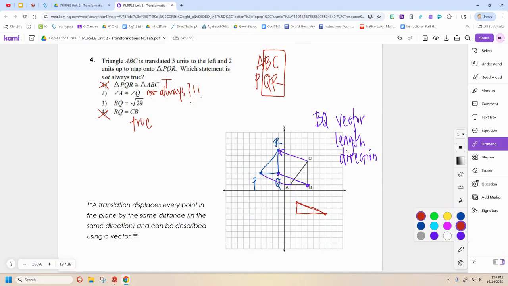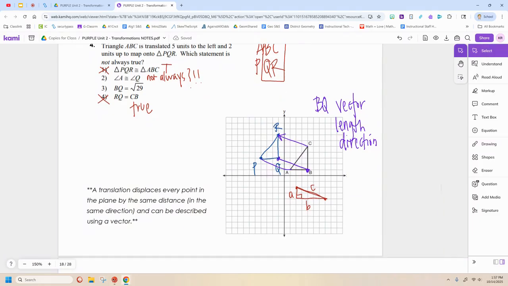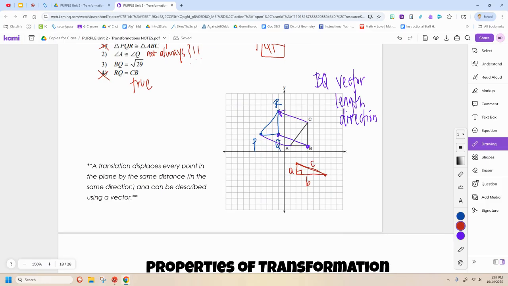And you can see that it's the hypotenuse of a right triangle, or C. And then this leg is called A, and this leg is called B. And that, my friends, is good for the Pythagorean theorem. So A squared plus B squared equals C squared. I've got 2 squared plus, the distance of B is 5 units, 5 squared equals C squared.